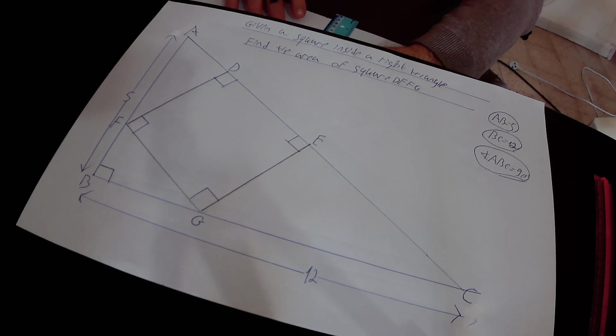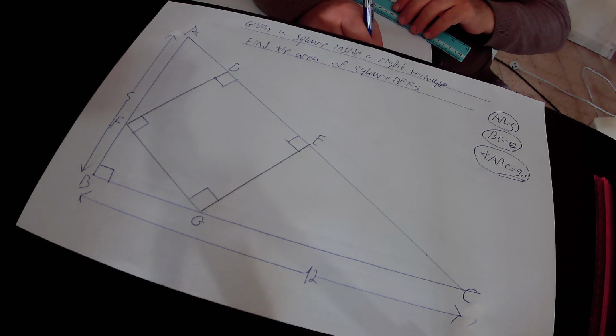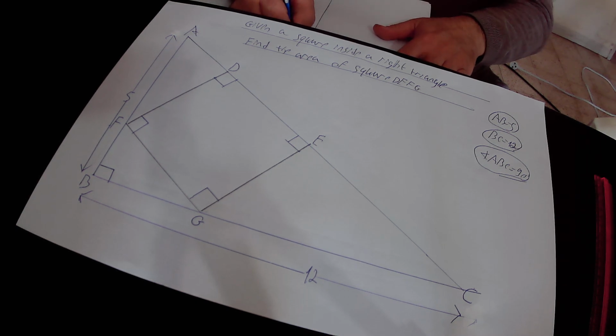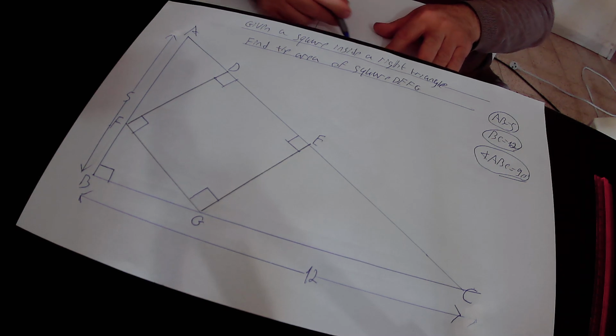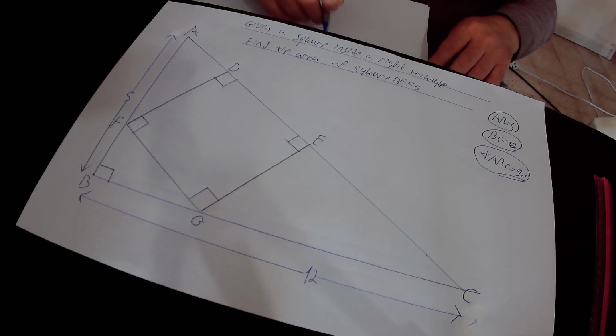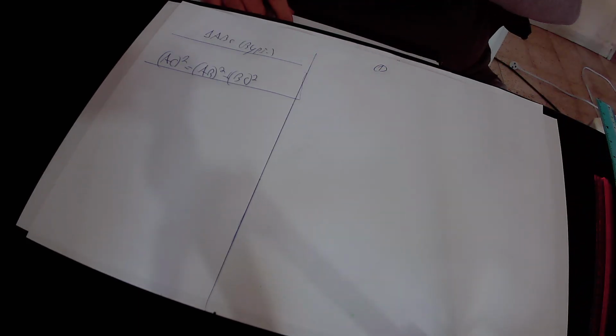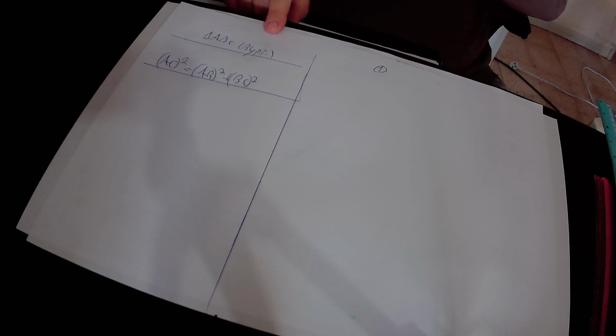The hypotenuse in the right triangle ABC is AC, therefore the square of the hypotenuse is AC square, and AC square must be equal to AB square plus BC square. Repeat again, according to the Pythagoras theorem, in the right triangle ABC, AC square equals AB square plus BC square.